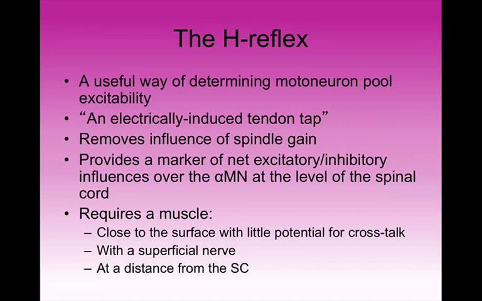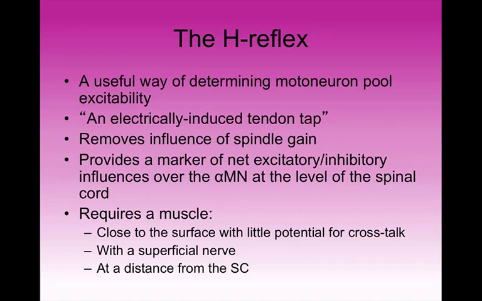So anytime I see a paper talking about the H-reflex of paraspinal muscles, for example, I really have to question the methodology there, because I studied the H-reflex for a long time, and I don't know how to get a good H-reflex from a paraspinal muscle. Or even I've seen them done in the trapezius.